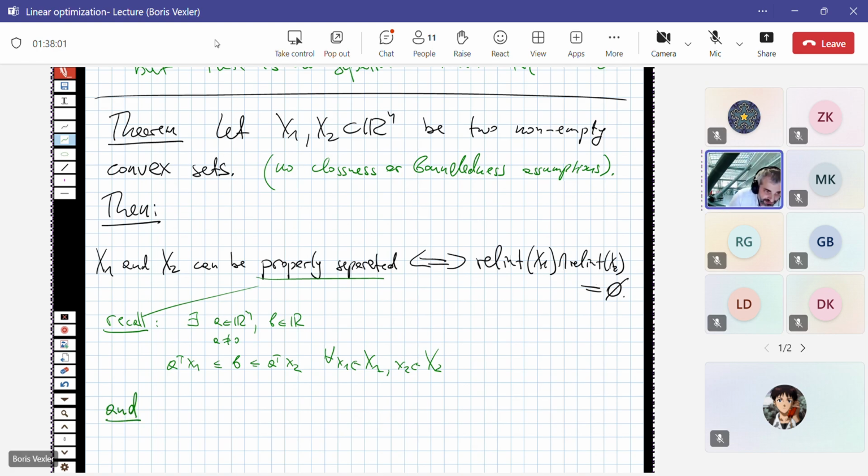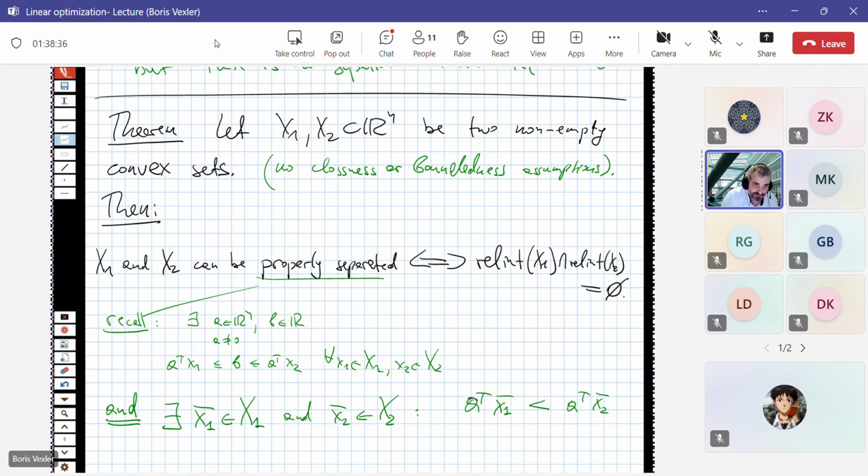There is at least one element x1 bar in X1 and x2 bar in X2 such that the inequality is strict: A transpose x1 bar is strictly less than A transpose x2 bar.